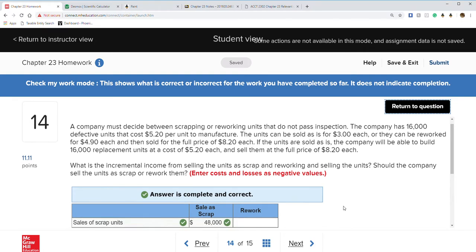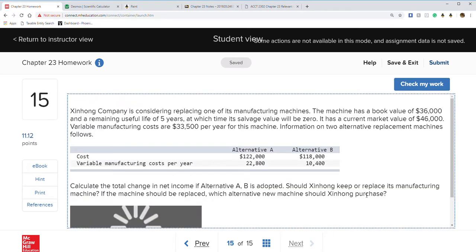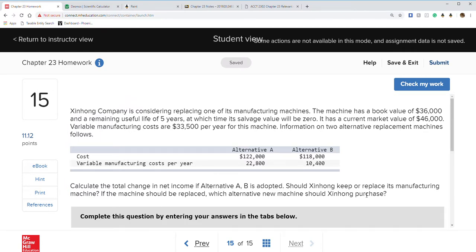Alright. So, last question, and then we move on. So, we have another one that's manufacturing machines. And the machine has a book value of $36,000 and remaining useful life of 5 years, at which time its salvage value will be 0. Okay, so again, we don't care about book value.